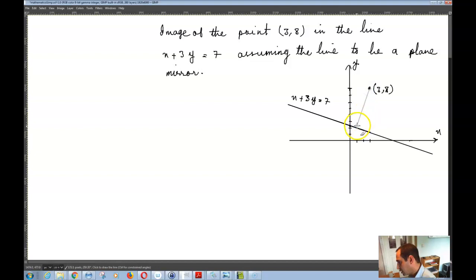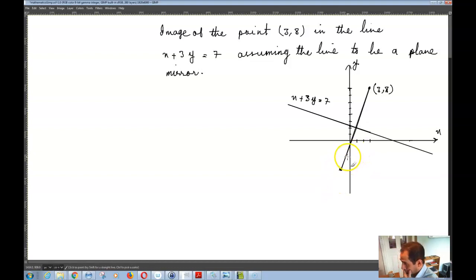And of course the angle is 90 degrees and the distance is the same on both sides, and you would get, for example, some point right over here. Of course this is supposed to be a straight line.